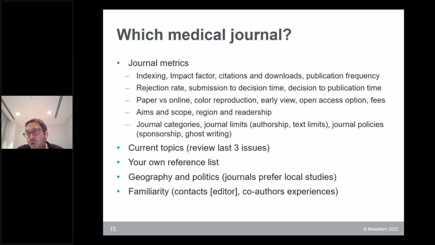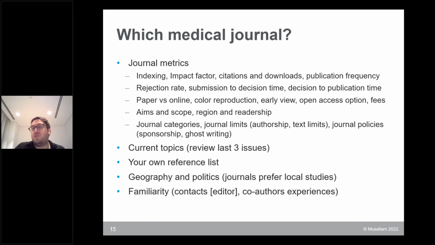And the way I usually understand if the journal would be interested in my paper, I look at the past 3-4 issues of this journal, and I see the topics or diseases, because it could be the British Journal of Cancer. But then I look back at the last 3 issues, and I can't find any paper on hematologic malignancies. And I know that the British Journal of Cancer these days is focusing on solid tumors, so I'm not going to send a paper on leukemia to it.